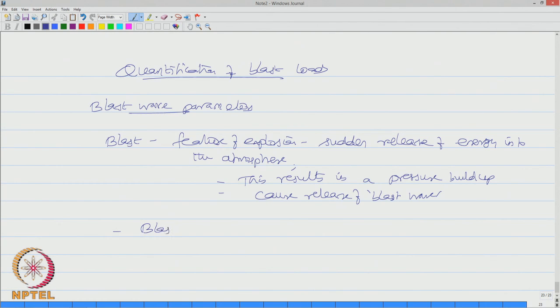The blast wave propagates outward in practically all directions from the source.